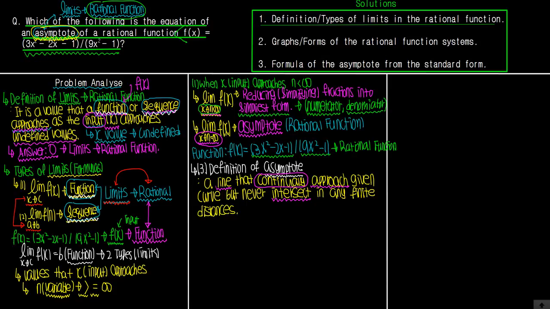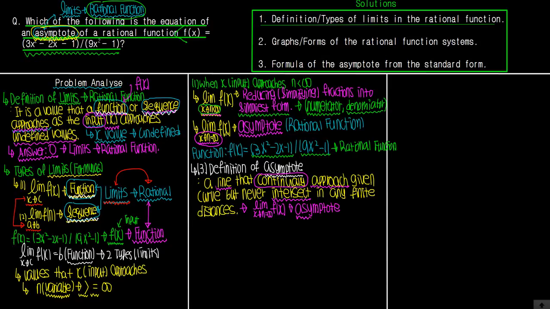And when do we apply our asymptote? It is when the limit of our x value, which is the input, is approaching our n value that is equal to infinity, of f of x. This is when we apply our asymptote in our function systems.